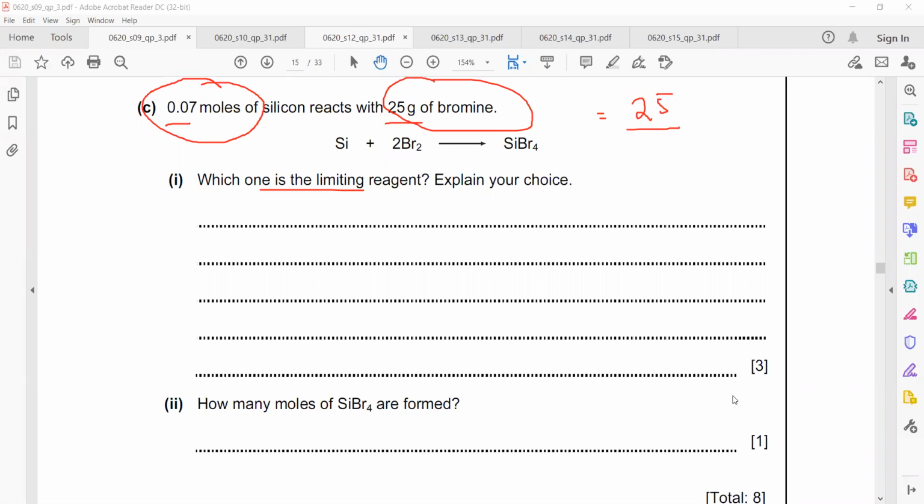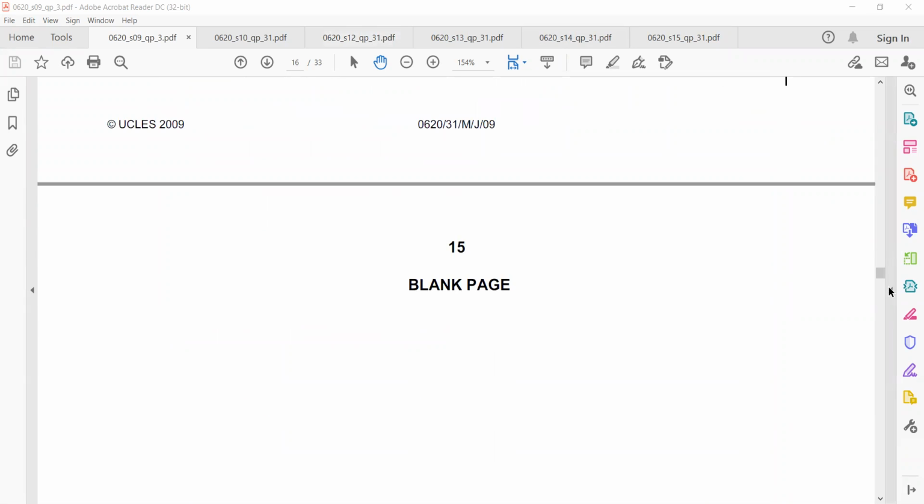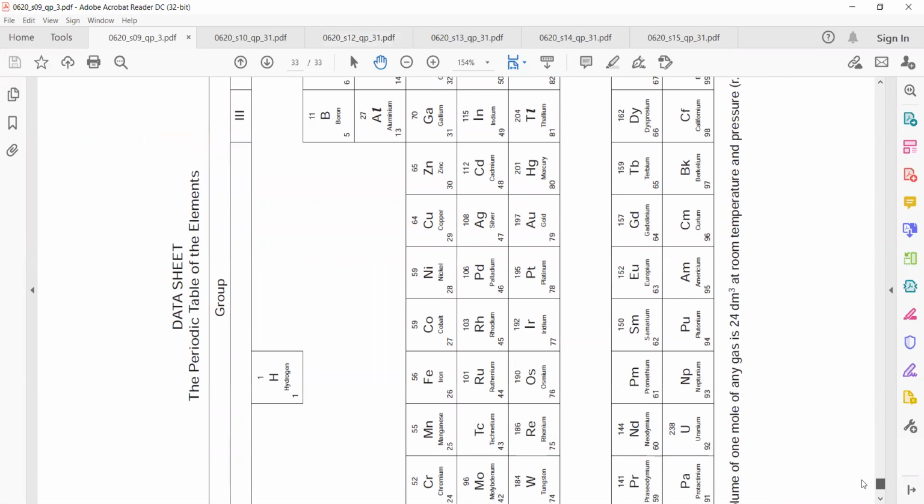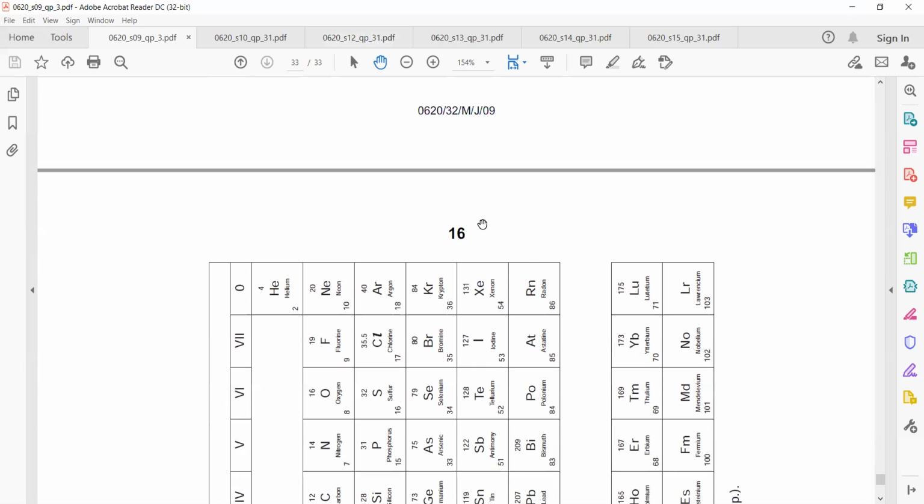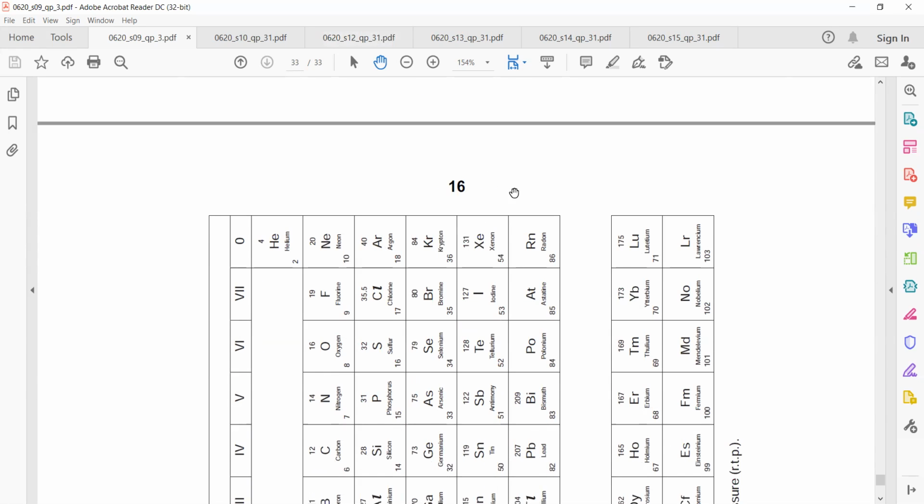Molar mass here, because bromine exists as a molecule Br2. Don't bother about the equation. When you're using a formula, you don't have to see the equation. When you check bromine, it is a group 7 element, its atomic mass is 80.